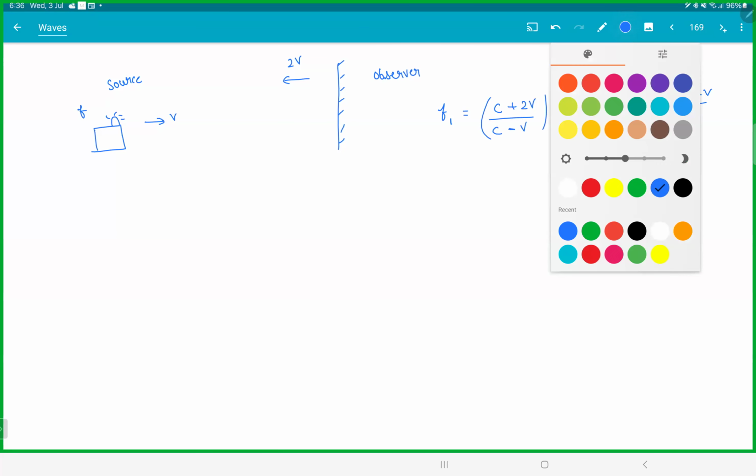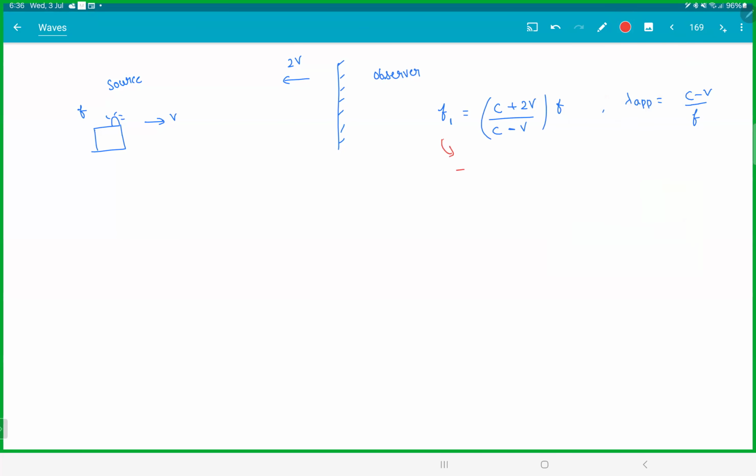So whenever the sound gets reflected, the echo has the same frequency F1, and the wall behaves like a source whose frequency is F1.